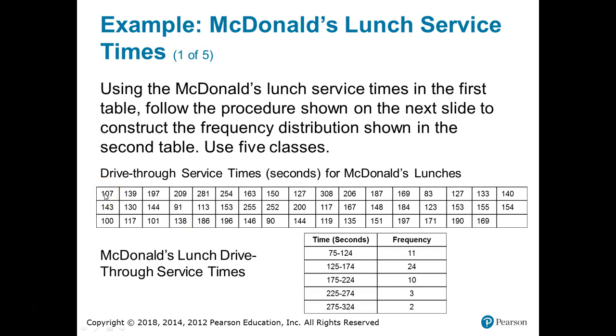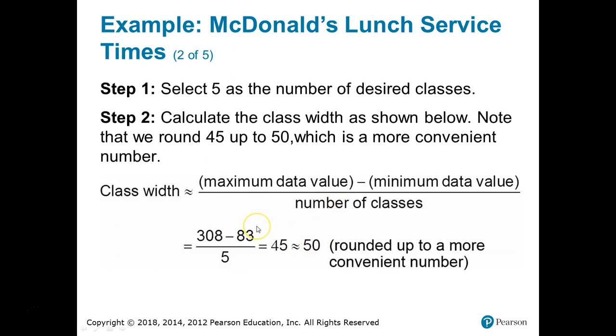Oh, actually, that's not true. The minimum is going to be, look through it, is it the 90? Maybe 83. 83 will be the minimum. And then the maximum will be, I guess, the 308. Yeah. So we'll do our class width, it's the maximum minus the minimum divided by the number of classes. So we got 45. But we're going to round that up to 50. That just makes it an easier number to work with.